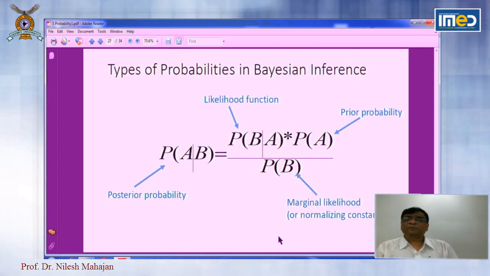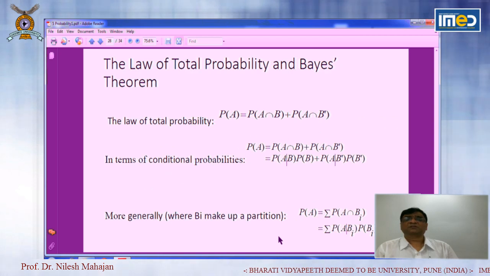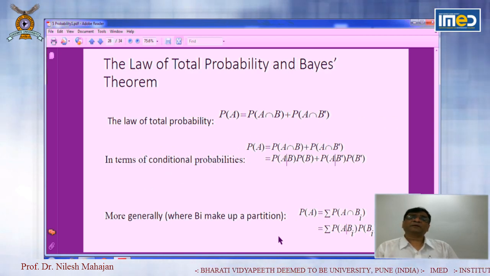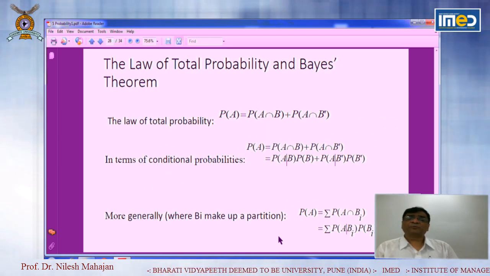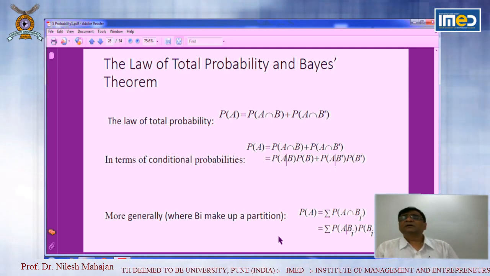The Bayes theorem inference is P(A|B), the posterior probability, equals P(B|A), the likelihood function, into P(A), the prior probability, and upon P(B), the marginal likelihood or normalizing constant. The law of total probability and Bayes theorem are mentioned in the PPT.